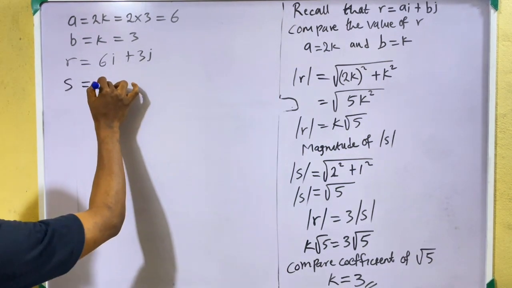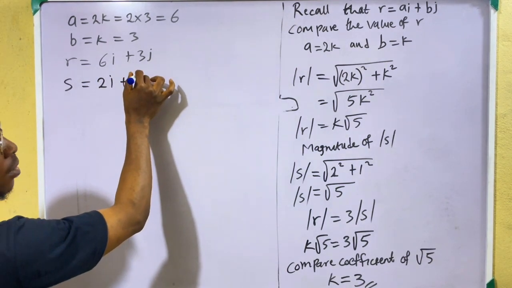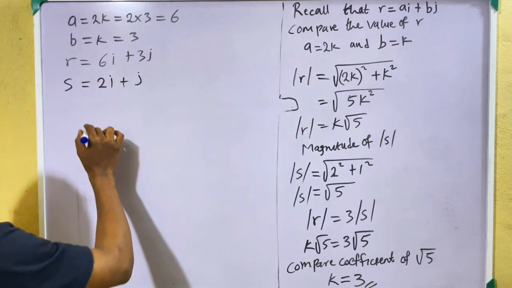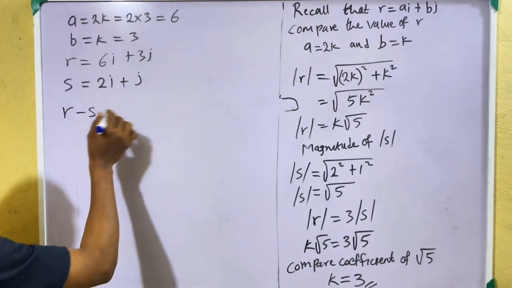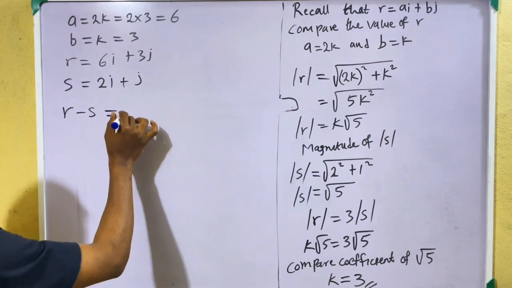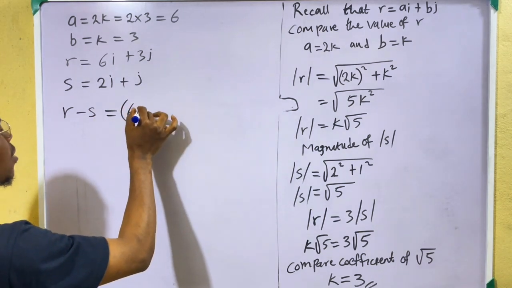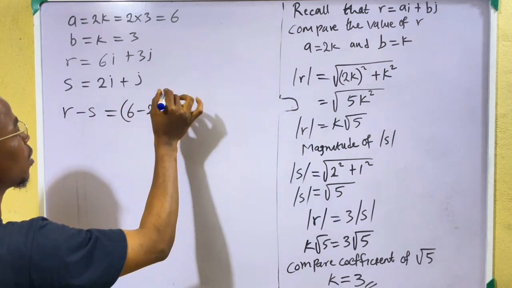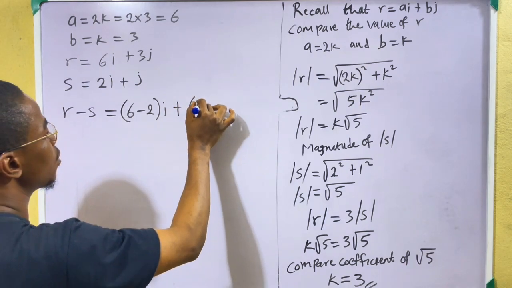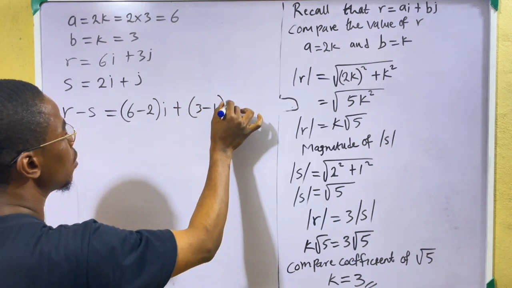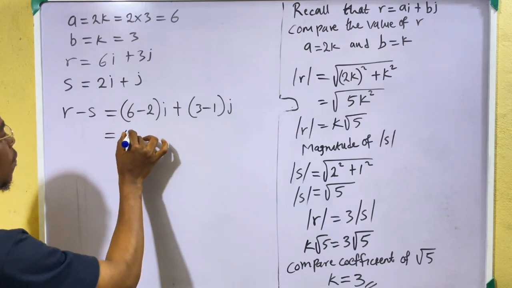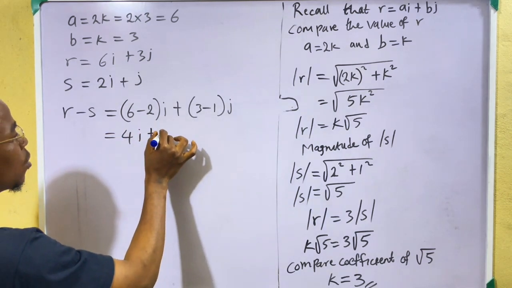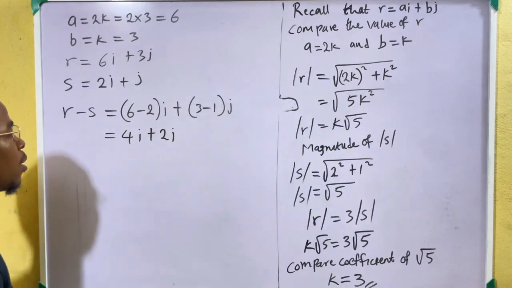S is 2i plus j. So R minus S is equal to, for our i component, 6 minus 2 i, plus 3 minus 1 j, which is equal to 4i plus 2j.